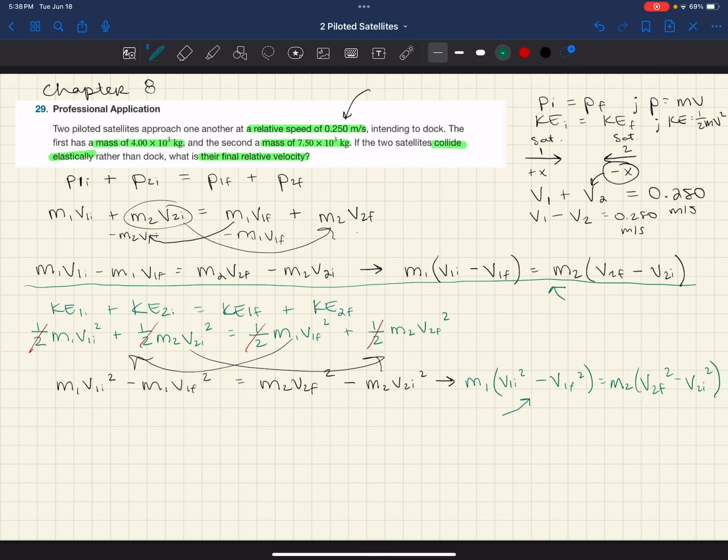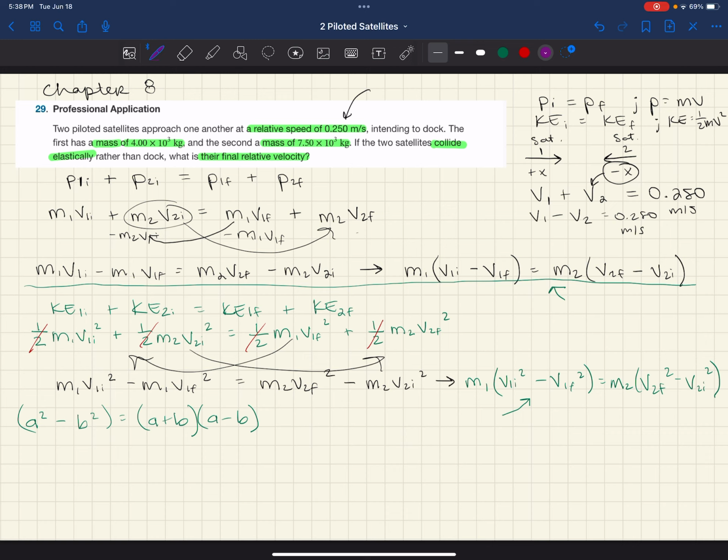So remember, if we have a squared, or whatever you want to say, x squared, b squared, c squared, it doesn't matter. So a squared minus b squared is going to be the same thing as a plus b times a minus b. So applying that here, I will do this part in another color, I'll use purple.